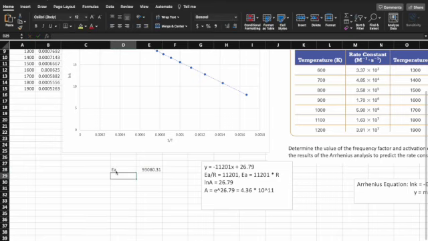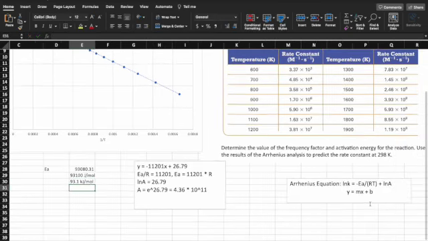Okay, and that ends up being 93,080.31, and with the correct number of significant figures, that should be 93100, and that's joules per mole. But you can also report it in kilojoules per mole, so that should be 93.1 kilojoules per mole. That is your activation energy.